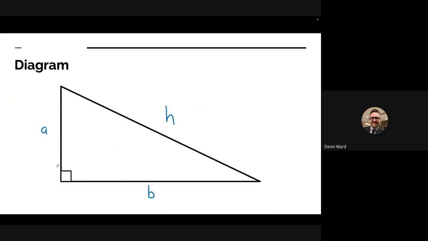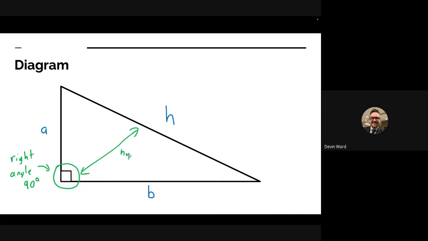Okay. So here is our right angle. Right angle, and it is exactly 90 degrees. So the other thing I want you to see here is that H is always across from the right angle.